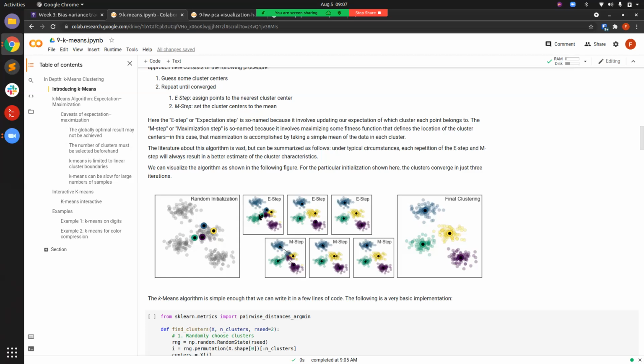Okay, so we started with a random initialization. Then we do the expectation step where we update which cluster each point belongs to according to the nearest cluster center. Then we do the maximization step where we move each cluster center, in this case, to the mean of all the points assigned to that cluster.